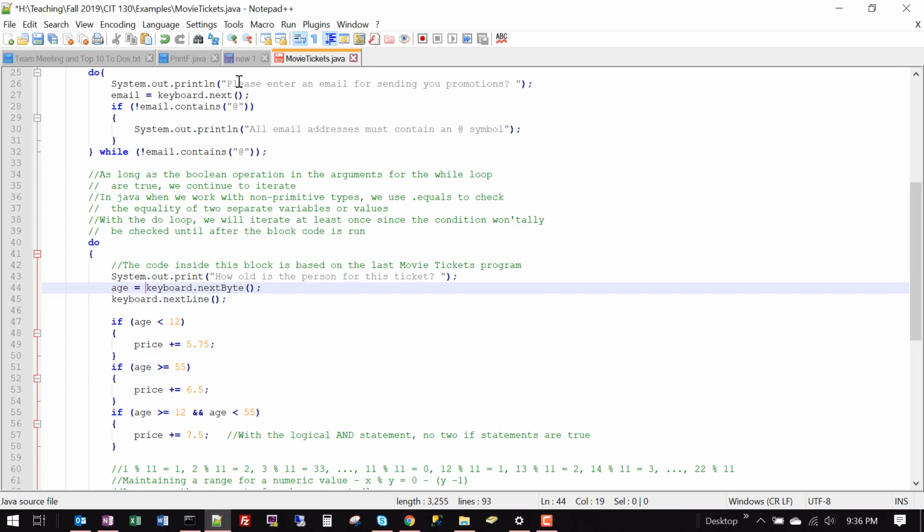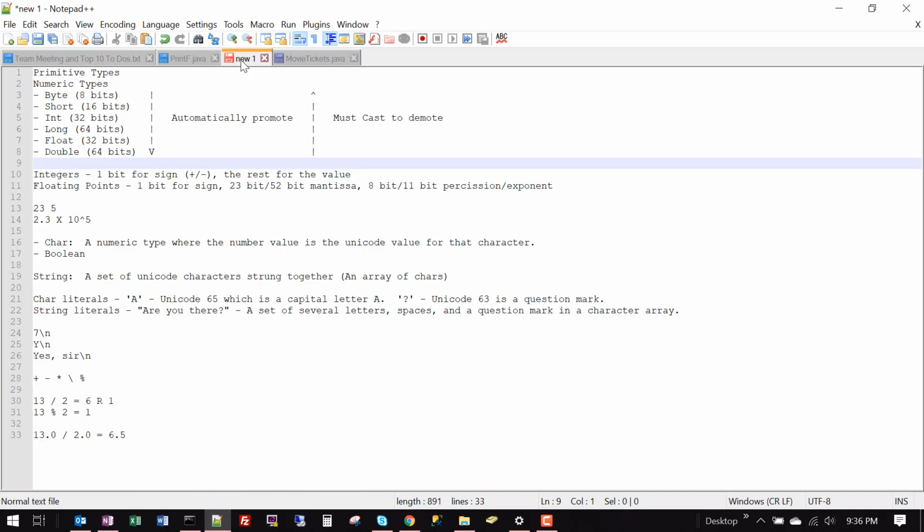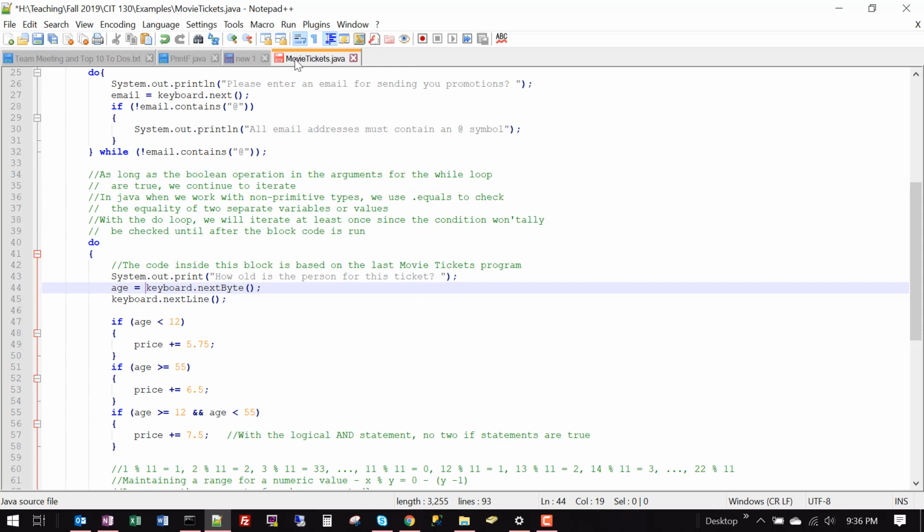But because of automatic promotion, we can go from byte down or promote to integer automatically. With doing nothing else on this line, that byte can store in a variable of type int.